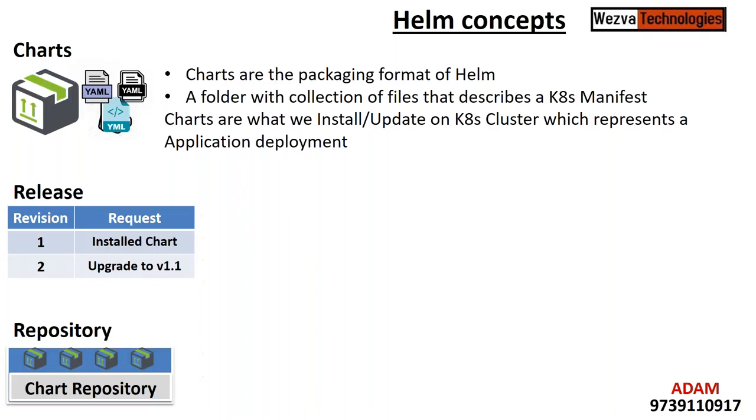So what exactly is a chart? As I said, for every OS there is a separate type of package manager, right? Like apt, or you will call it deb, or yum, or rpm, tar, right?